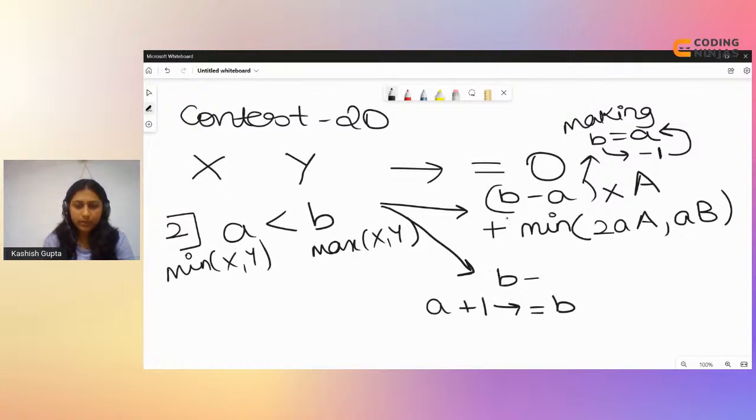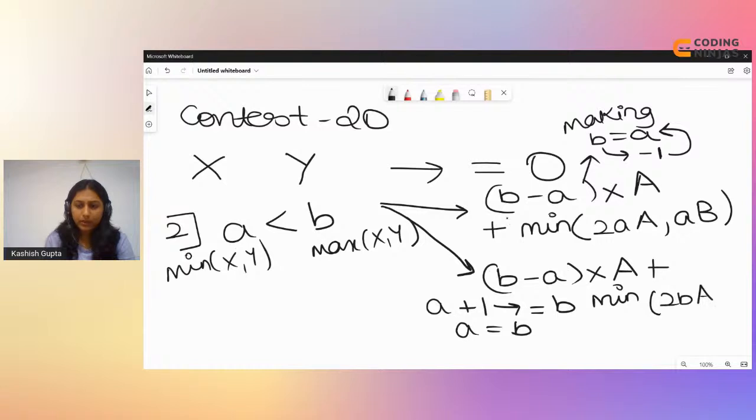So even this will require b minus a operations and will cost a. But now a is equal to b, and in this case we'll have to add 2ba, b and b, because both of them have become equal to small b. Is this part clear?